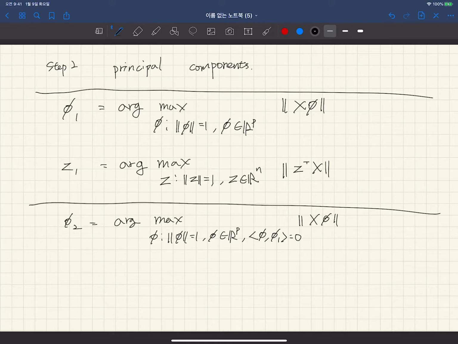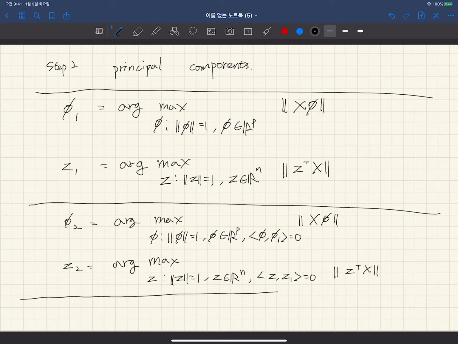Z2 as well. The left-hand side principal component is also defined in the same way, with the norm equal to 1, Z belonging to n-dimensional space, and Z also orthogonal to Z1, the first principal component. How about third principal component? This is again the same.